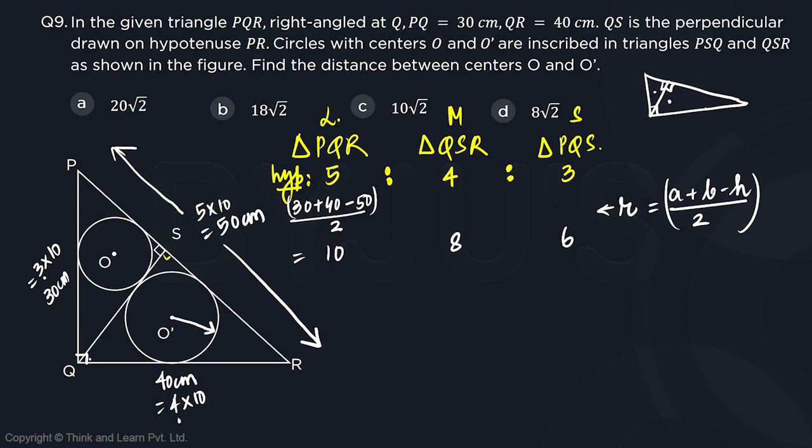without thinking about how to calculate the length QS. So this is 8 and this one is going to be 6. Now, what we are asked is, what is the distance between O and O dash? So in order to understand the distance, we need to understand one small part.